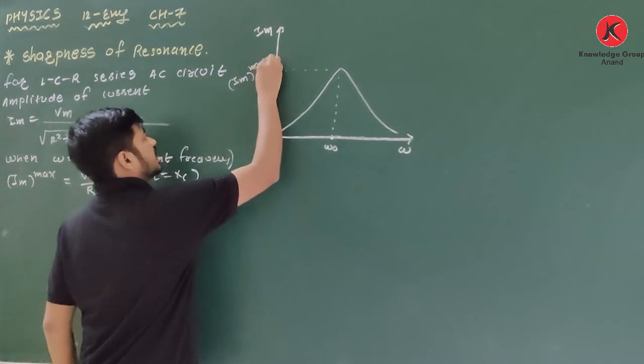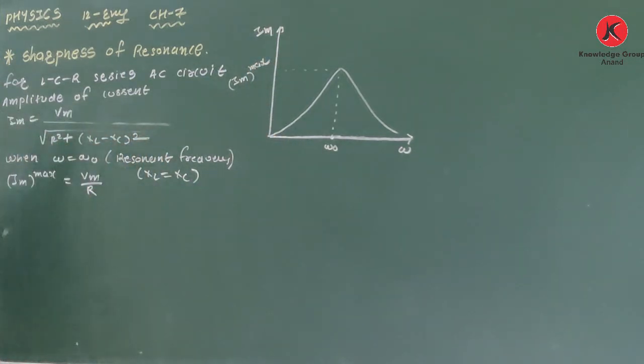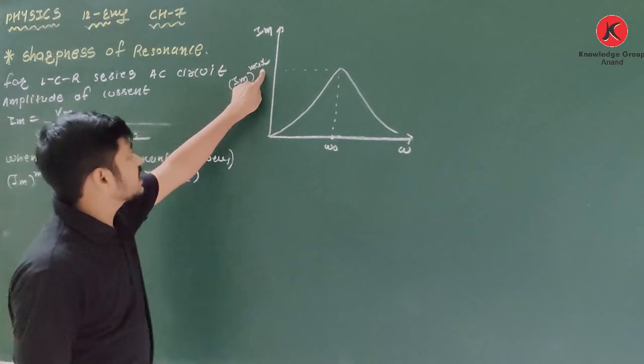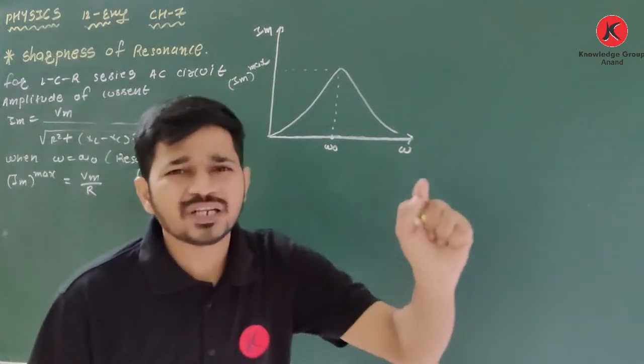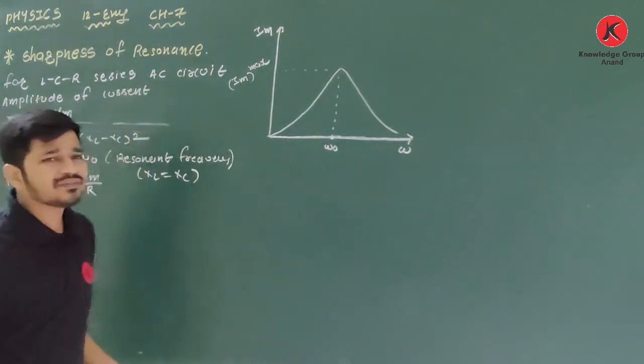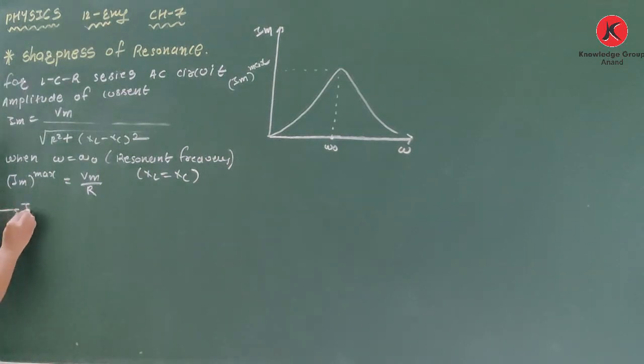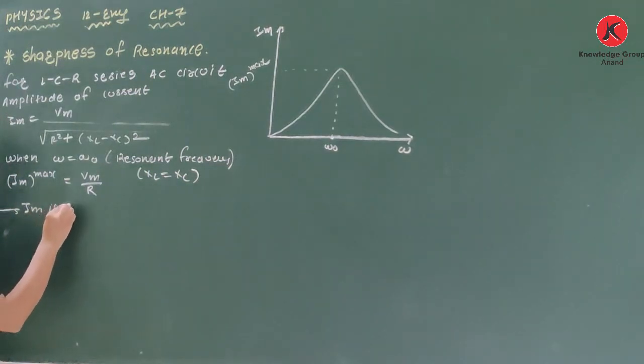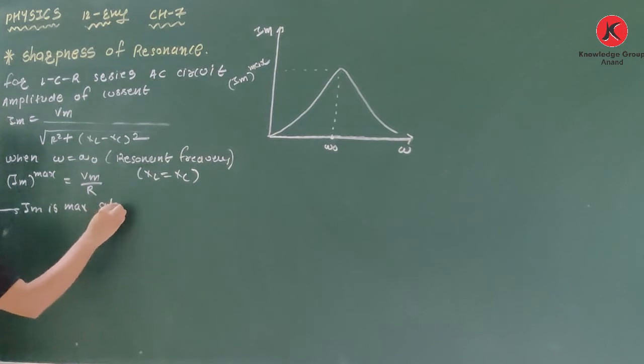The amplitude of current is maximum at only one frequency, that is omega 0.